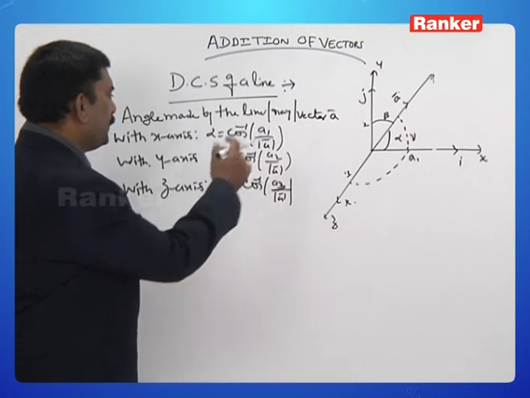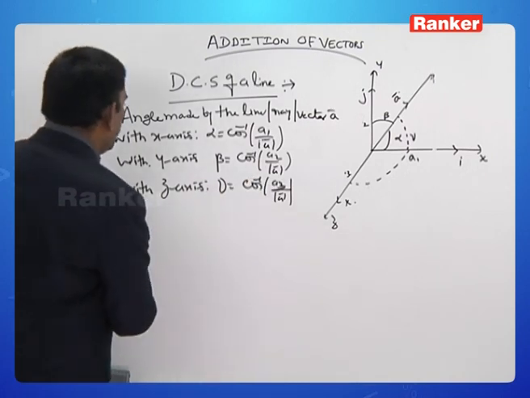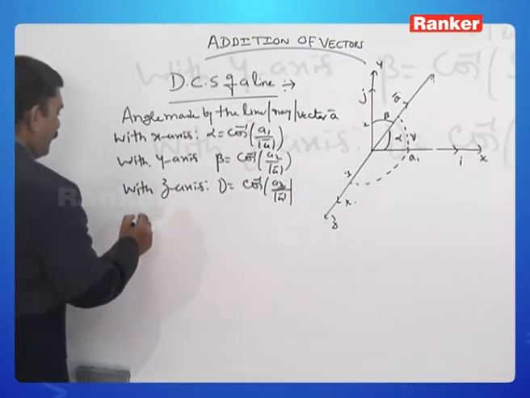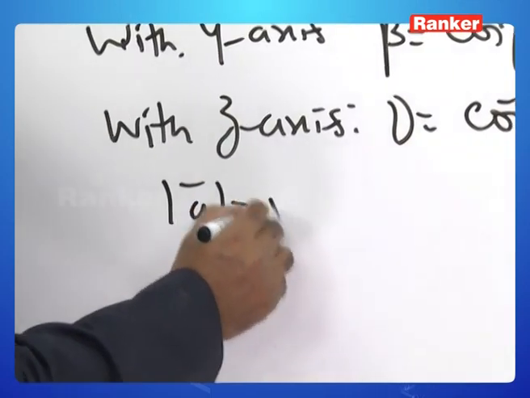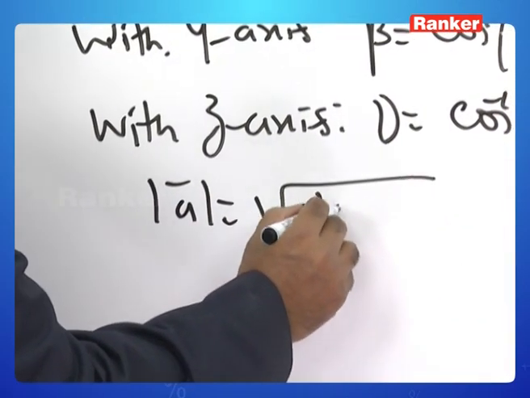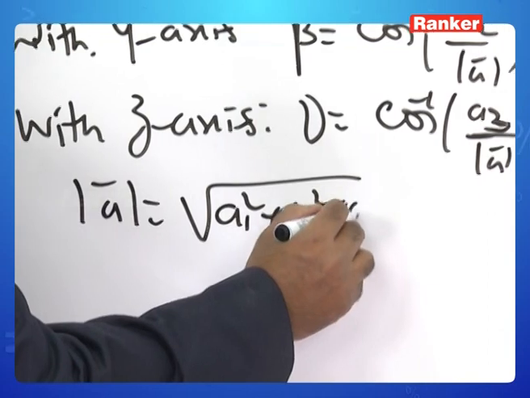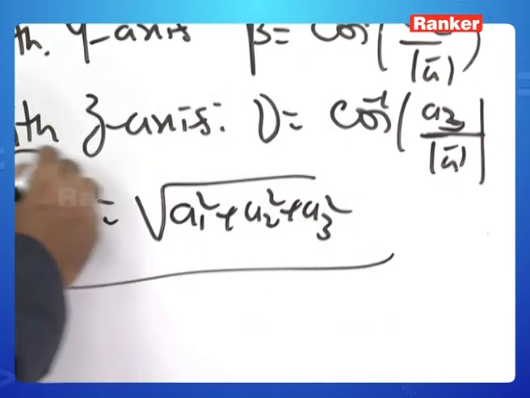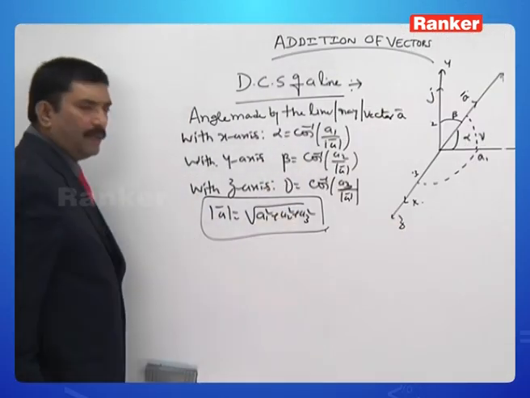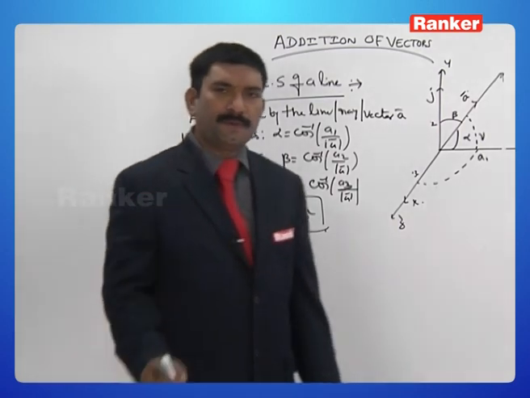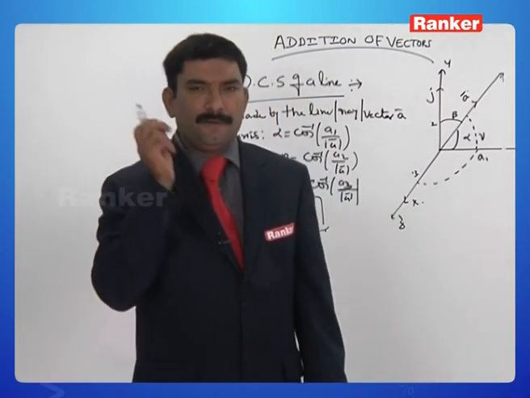From this one, look here. What is the modulus of A bar? The modulus of A bar is equal to the square root of A1 square plus A2 square plus A3 square.